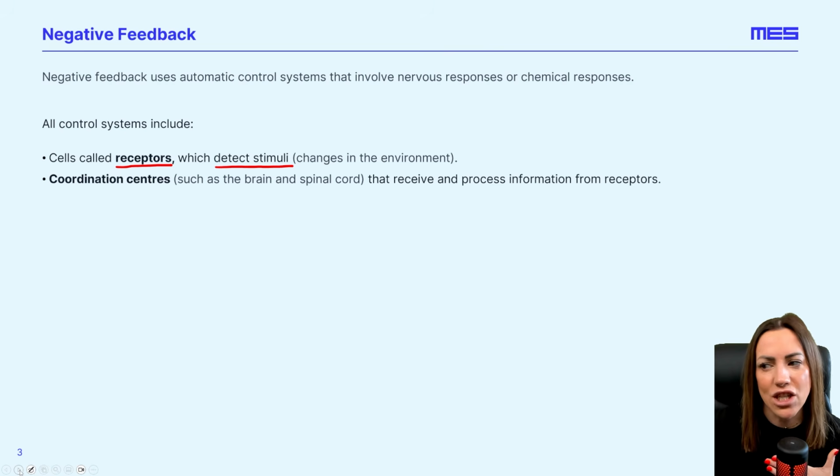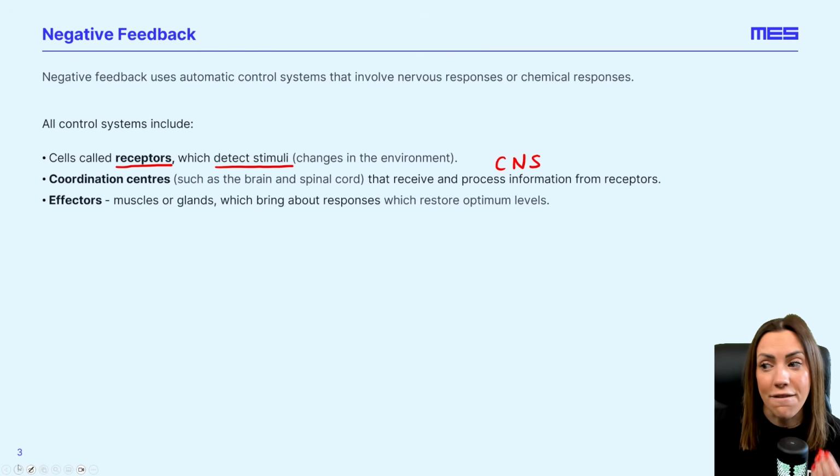There are coordination centers. Now, this will be your brain or your spinal cord, which we call our central nervous system. They will receive and process the information from the receptors about the change in the environment or the stimulus. There are effectors, which can either be muscles or glands, which will bring about the response.